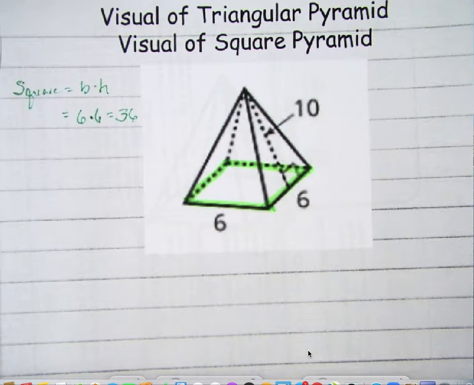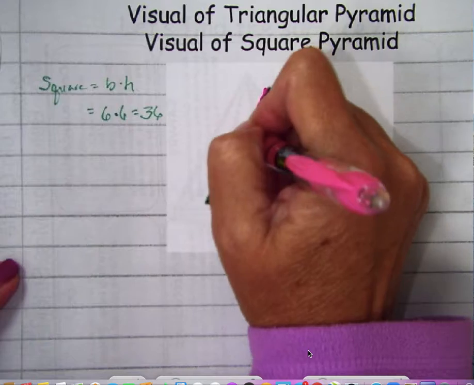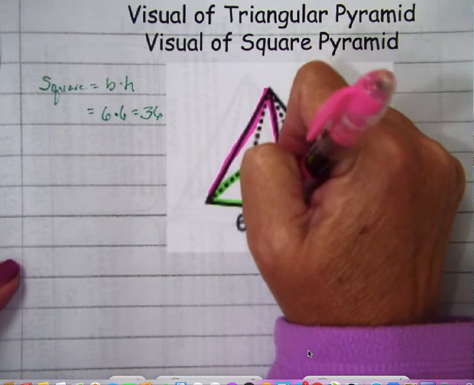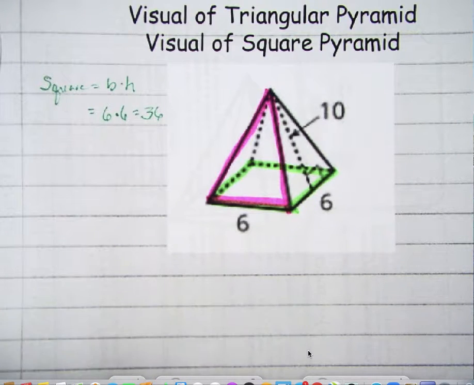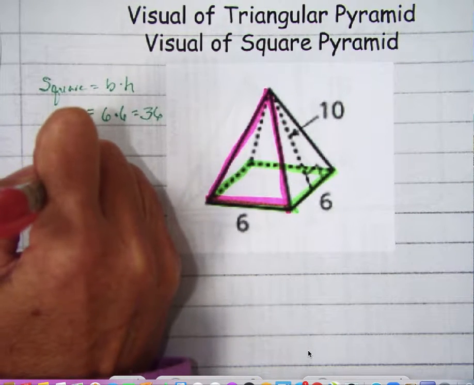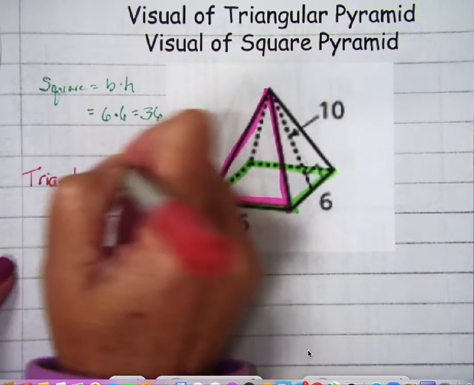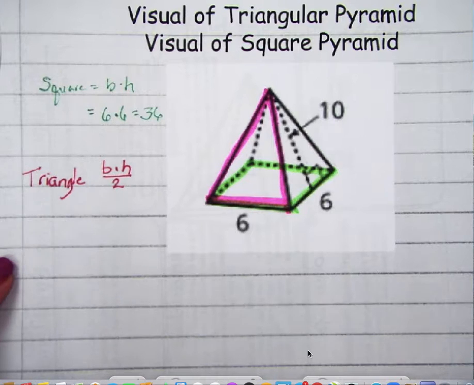Then you've got these 4 triangles. Now I'm going to highlight one of them. If you've been listening to me at all, you should know the area of a triangle is base times height divided by 2.